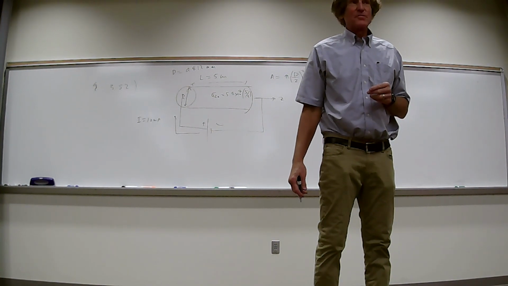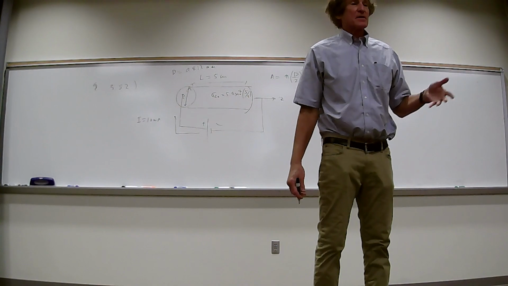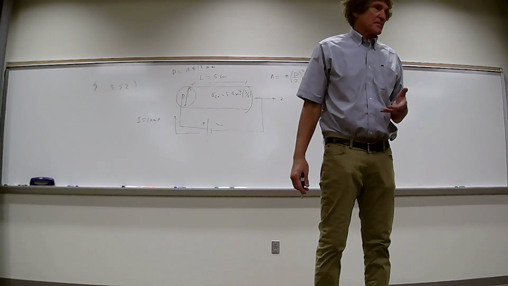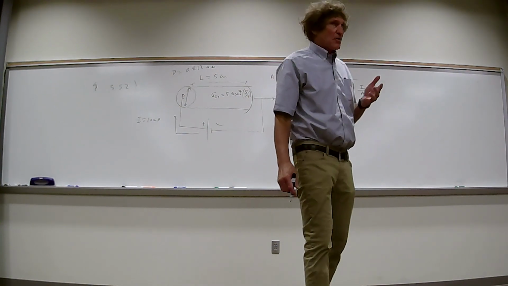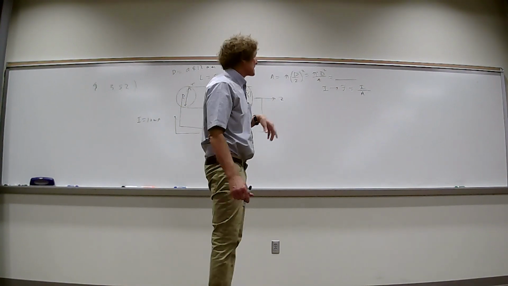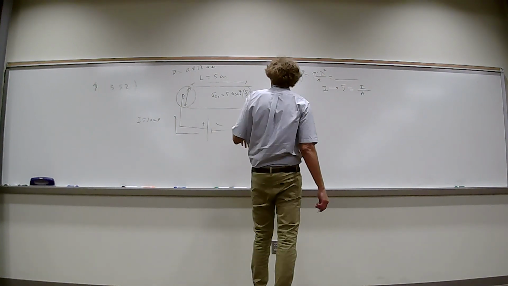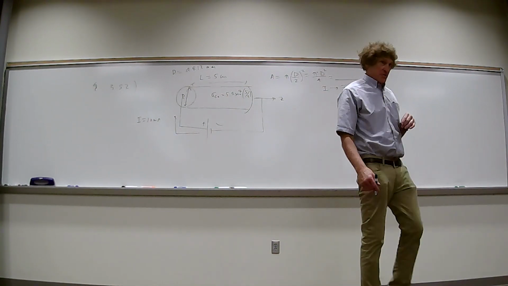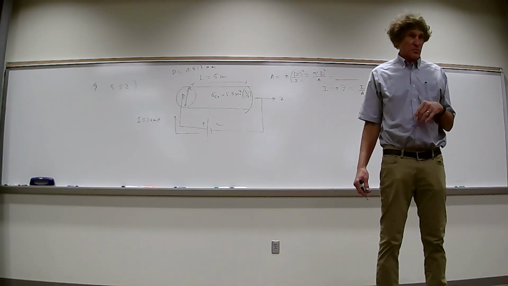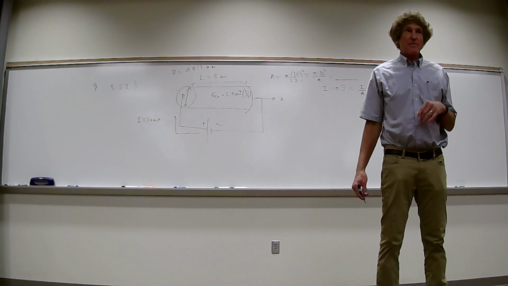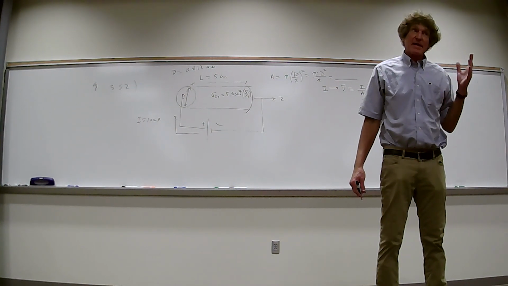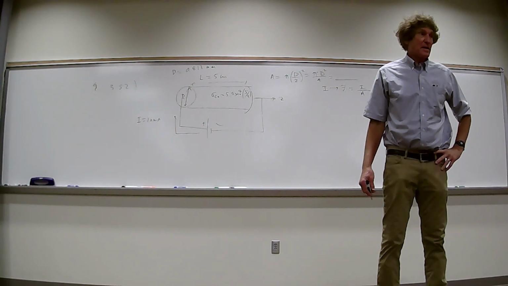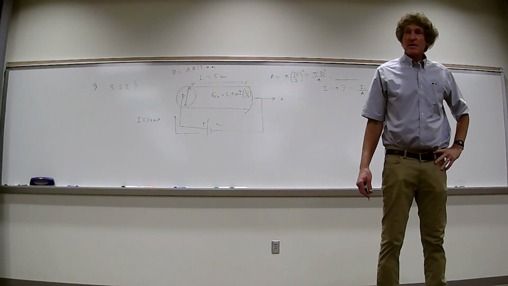If you have your calculators, get them out, just make sure you've got no problems. This is a trivial calculation. D is 0.812 times 10 to the minus third. Do you agree with that? Square that, multiply by pi, and divide by 4. I can't tell you that off the top of my head. Anybody? Anybody at all?